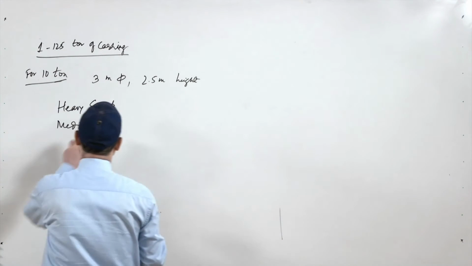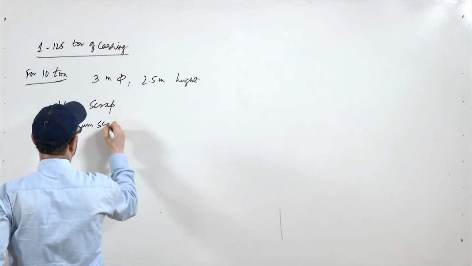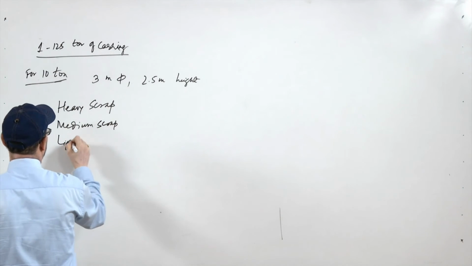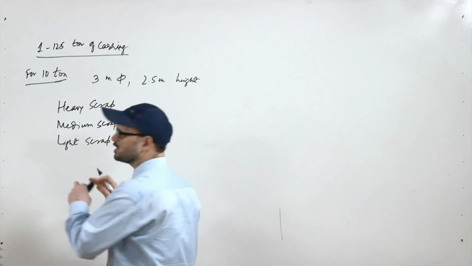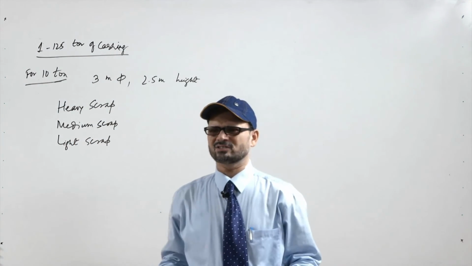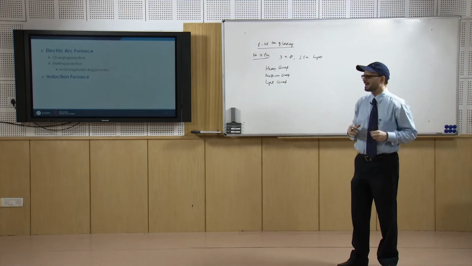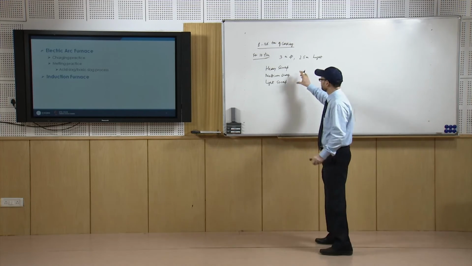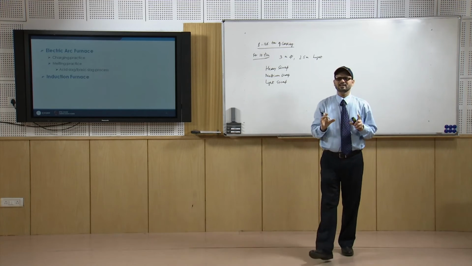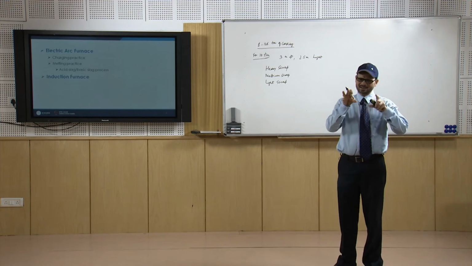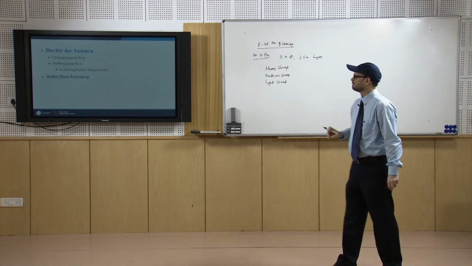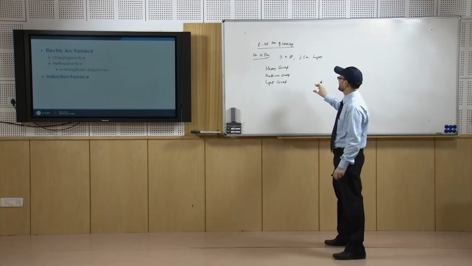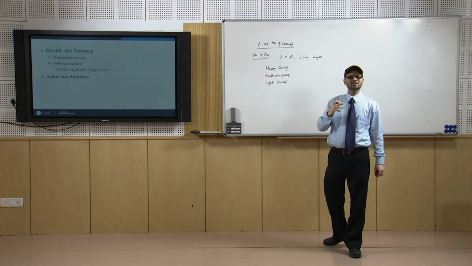So, it is properly distributed in the furnace, so that it is properly melted and it should not damage the lining, because if the arc hits the furnace refractory, that refractory may get damaged and eroded.